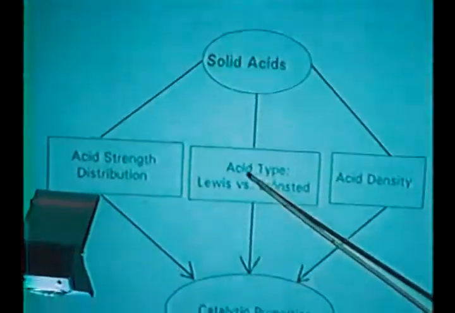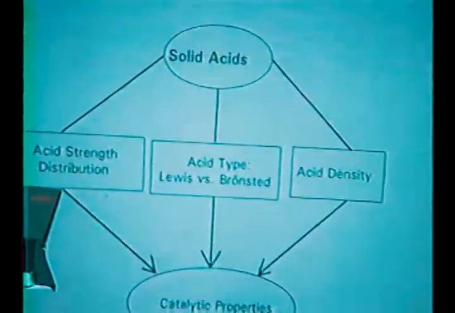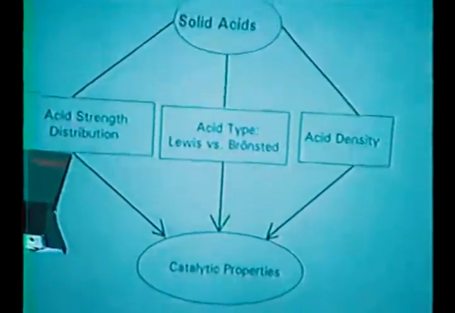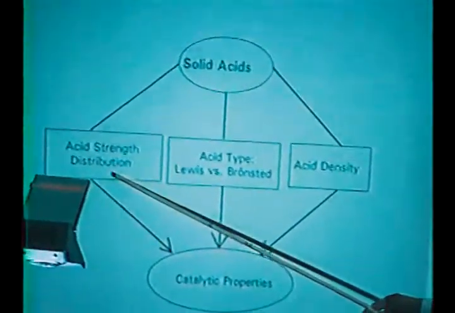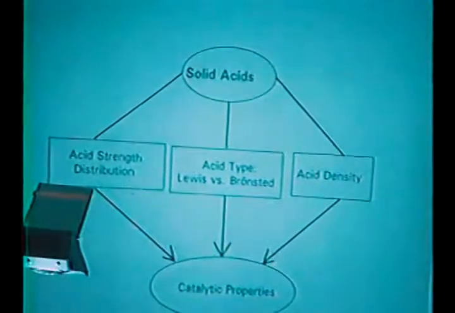You also can have different types of acids, Bronsted or Lewis, on the solid, and you can have different distributions of strengths of acid sites because the surface is non-uniform, and it's expected to have an uneven distribution.